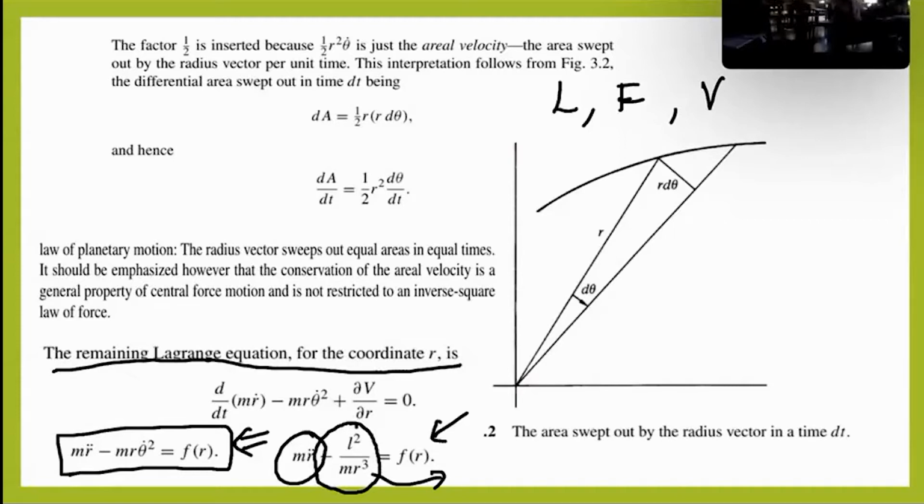We will take a few examples of how to plot this force, for example an inverse law force or Hooke's law force, whatever we take there. So we are getting two terms, and this minus L squared by m r cube is also contributing, not an actual force, but it is present there.